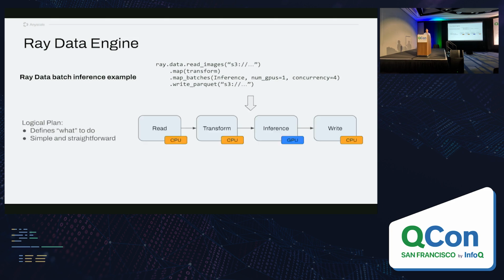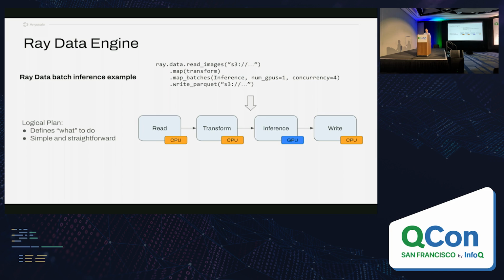What's happening under the hood is we first construct a logical plan. This basically designs what to do with the data pipeline. You can see by this code snippet, we define the 4 stages in the data pipeline: first, read the data, transform data on CPU, perform inference on GPU, and then upload the result on CPU. However, you can imagine, although this data pipeline looks pretty simple and straightforward, it could be inefficient during execution.